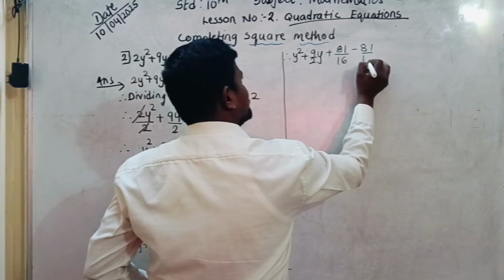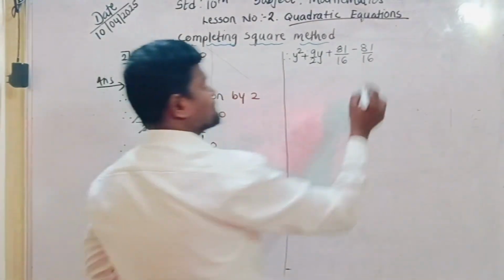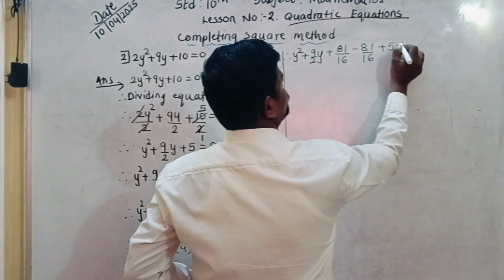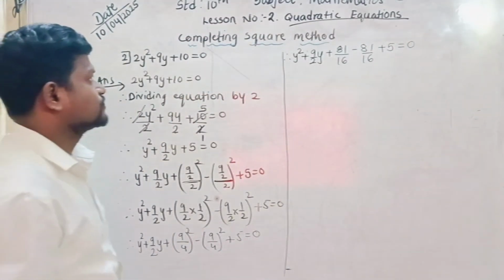Again write down the same for this, then plus 5 equal to 0. Understood?